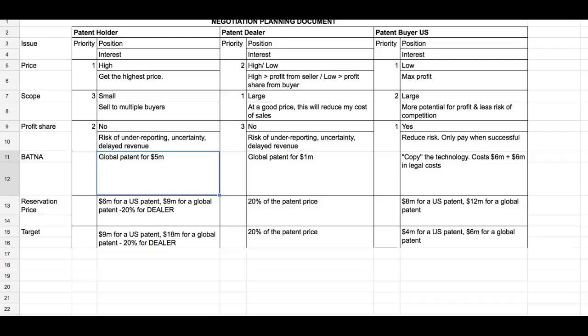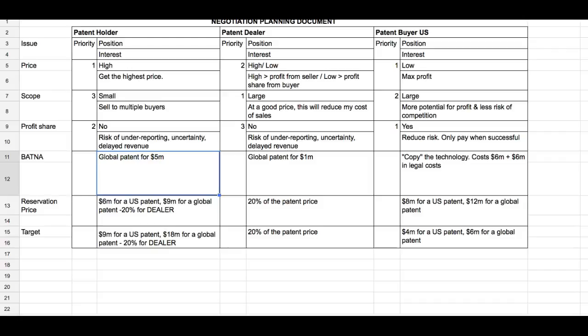So based on my technology, I can make an estimate and say, well, if they use this global patent, they can make an estimated gross profit of about 20 million. The reason why they can make it is that they buy my patent. So why shouldn't I get a share of that profit? Right?